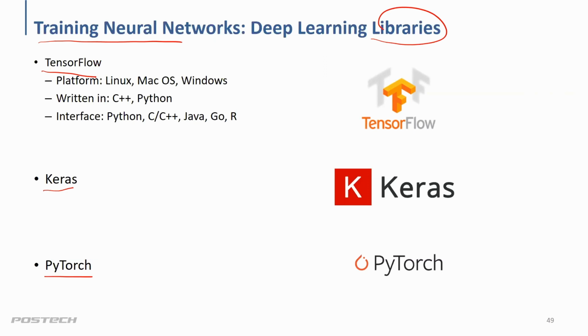Keras is much easier to use, but I believe that if you know TensorFlow and see how you can program it, you can easily understand and make use of Keras or PyTorch by yourself. So that's the reason that I decided to use TensorFlow.